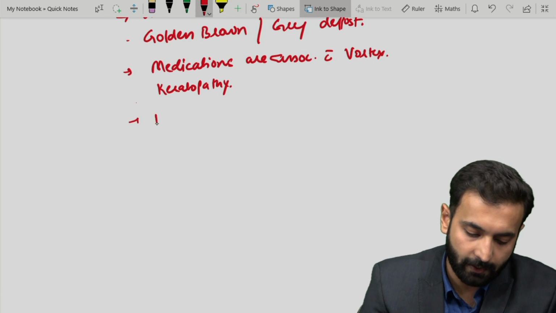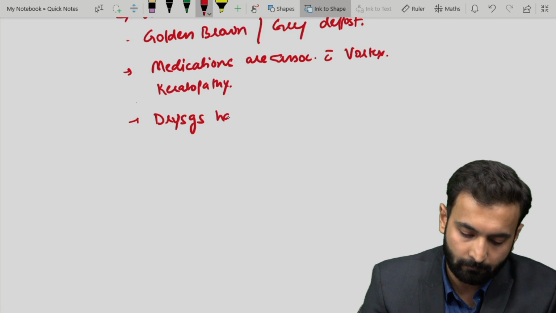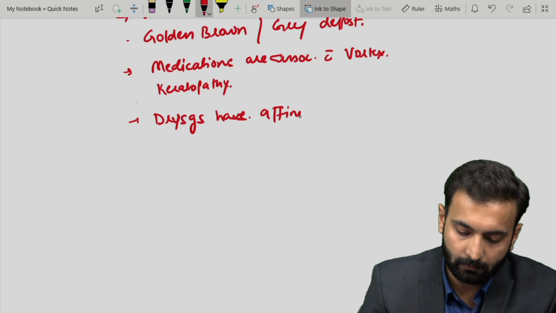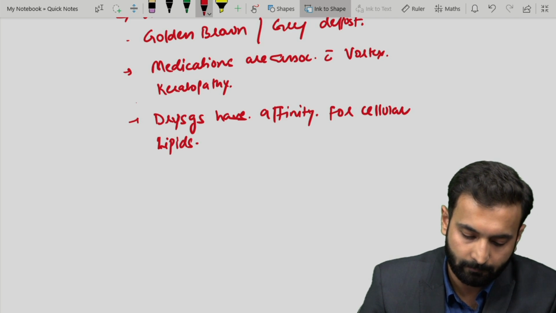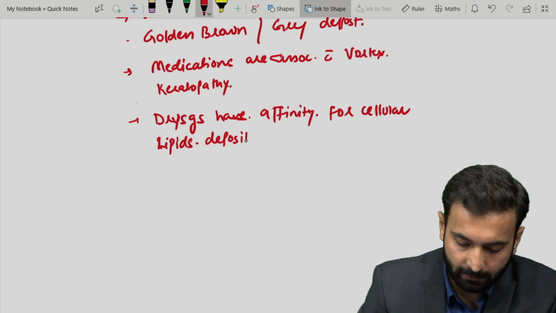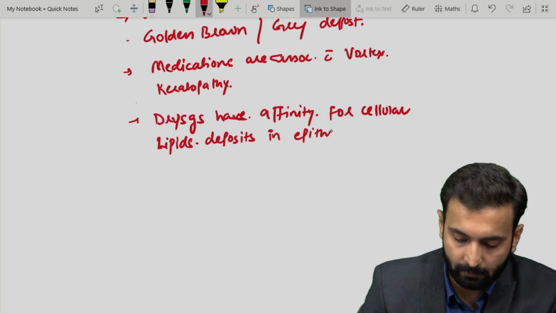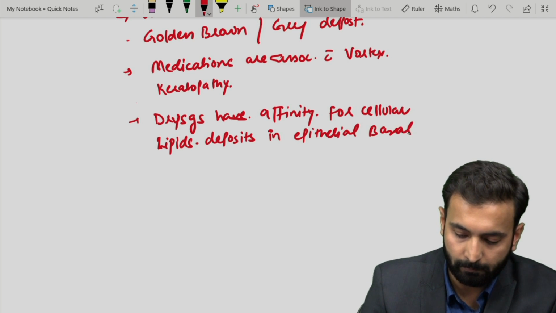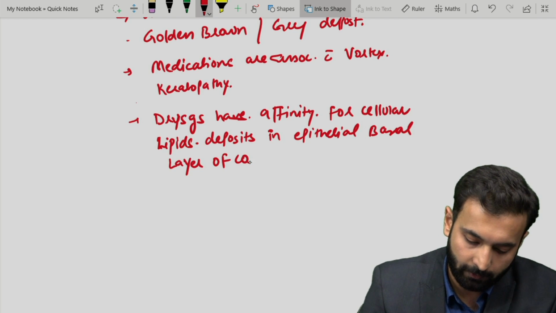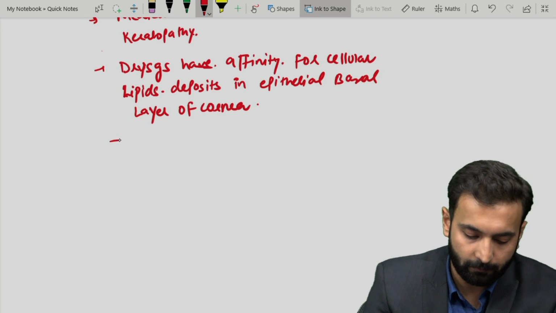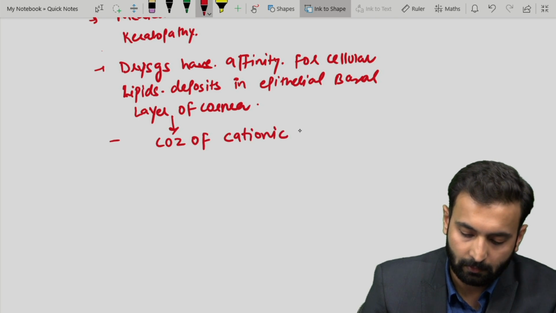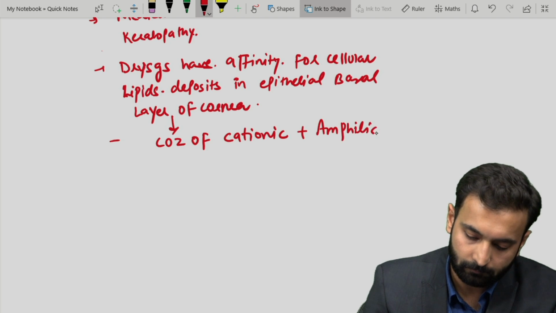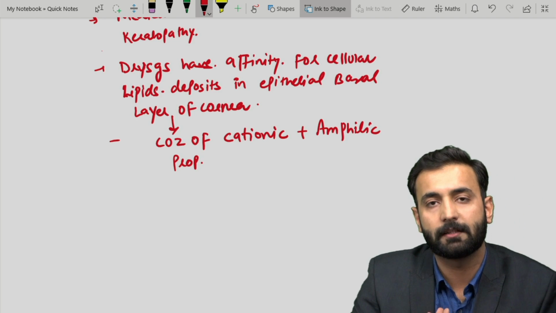So, write down, these drugs have affinity for cellular lipid deposits, which are seen in the epithelial basal layer of the cornea, because of their cationic and amphiphilic properties. So this is the basic mechanism of vortex keratopathy.